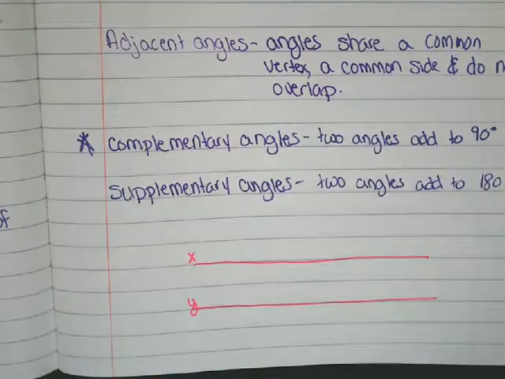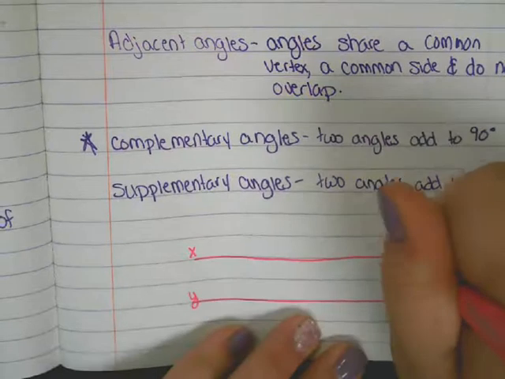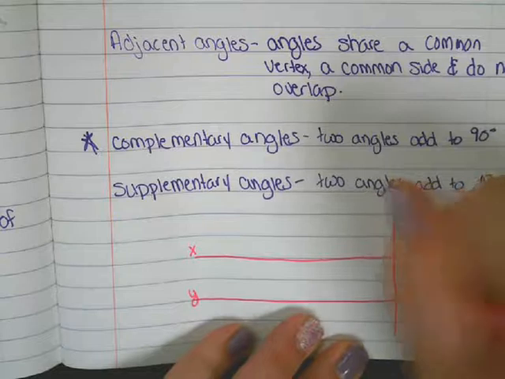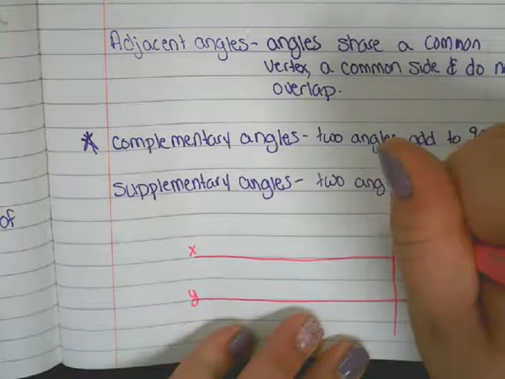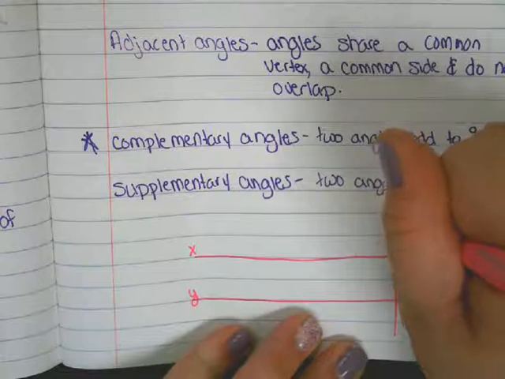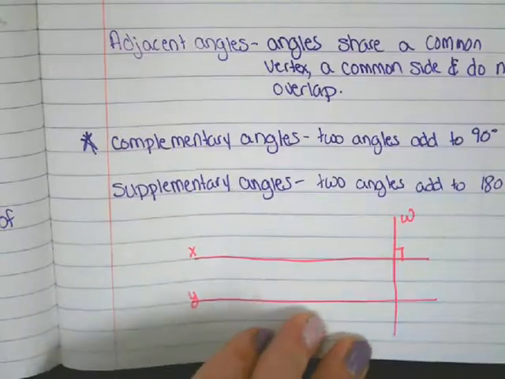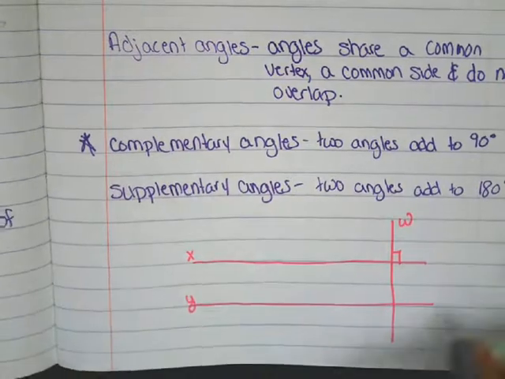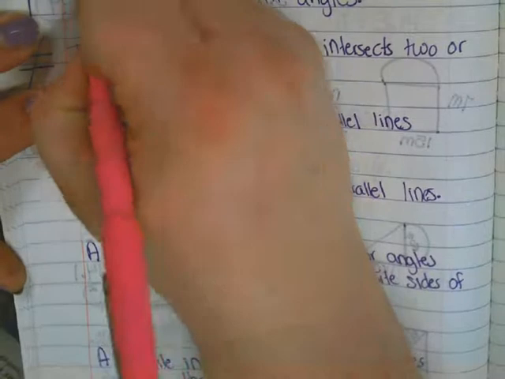So if I look here, I'm intersecting at 90 degrees. So this is my perpendicular line, and we're going to call that W. When I look at perpendicular lines, it's going to be W and X or W and Y, because they're both considered to be perpendicular.